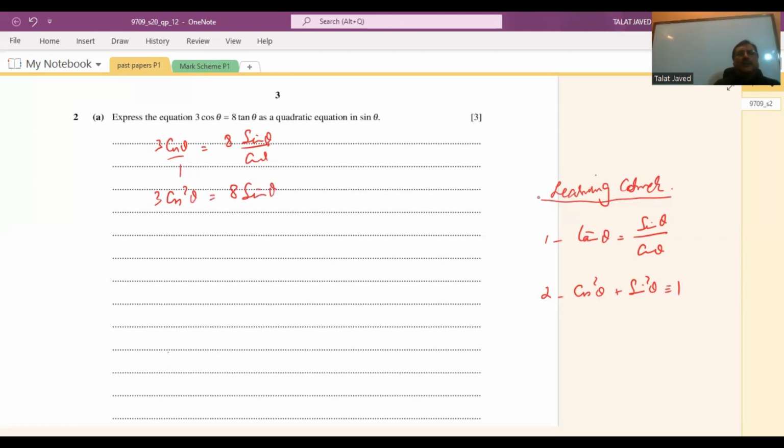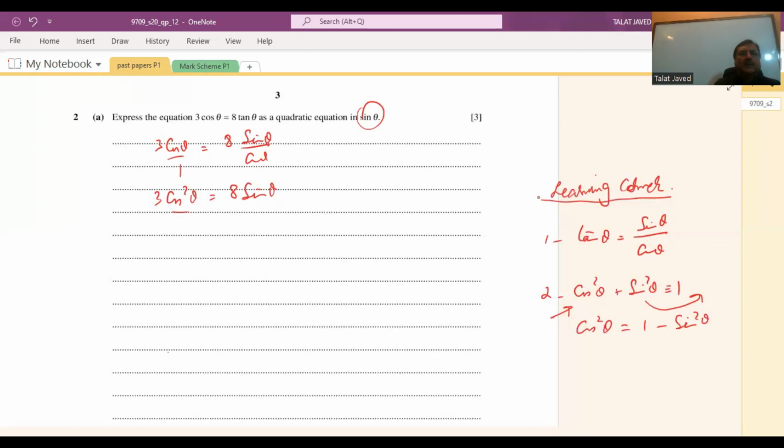Now to convert this equation into a quadratic in sin theta, we have to remove this cos squared from here. So we use this identity. From here we get cos squared theta equal to 1 minus sin squared theta.